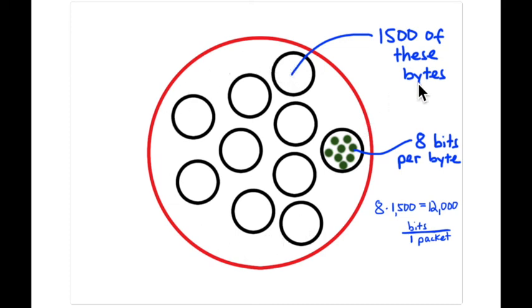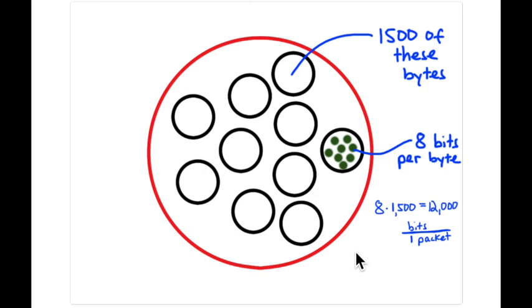And each one of these bytes has how many bits? Well, each byte has 8 bits. So this is 8 bits for each one of these bytes. So now you can see that is 8 times these 1,500. So 8 times 1,500 equals 12,000 bits for 1 packet.